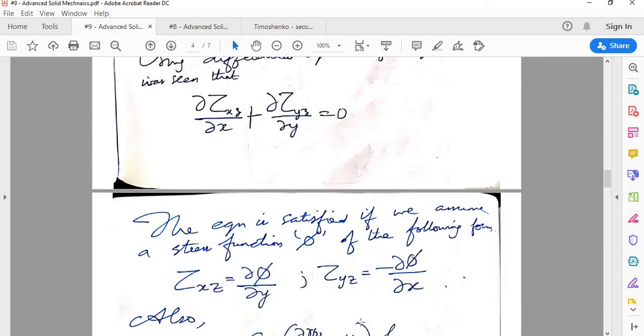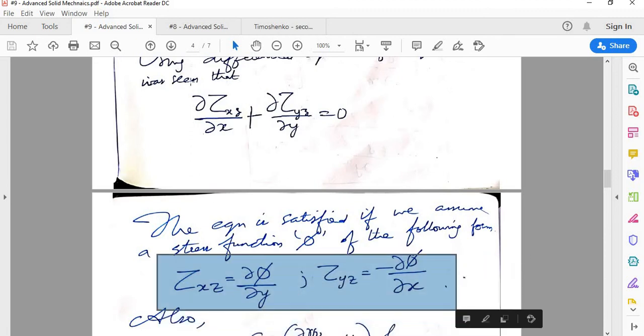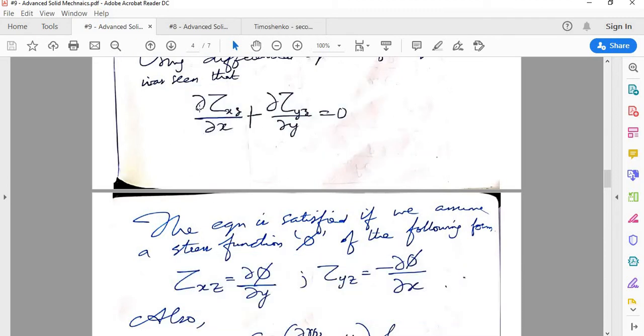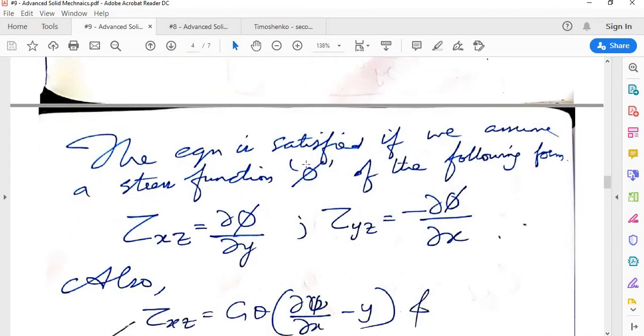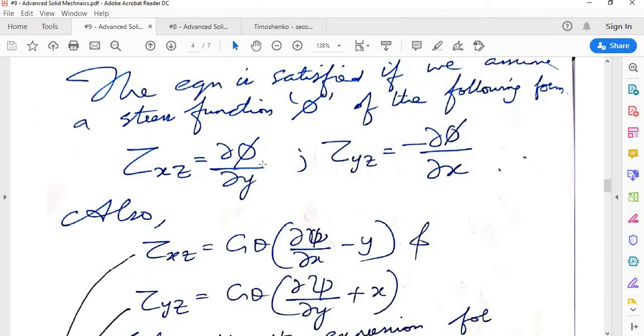Then when you substitute these two expressions in this equation, it is easily satisfied. So phi is that stress function. If phi is a valid stress function, then tau xz is this and tau yz is this.